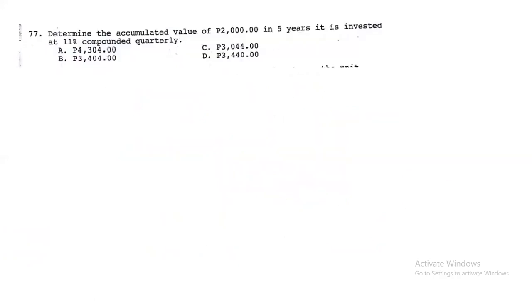So, next, 77. Determine the accumulated value of 2,000 in 5 years if it is invested at 11% compounded quarterly. Compounding siya, no? So, F is equals to P times (1 plus i) raised to n. Ganyan lang siya kasimple.